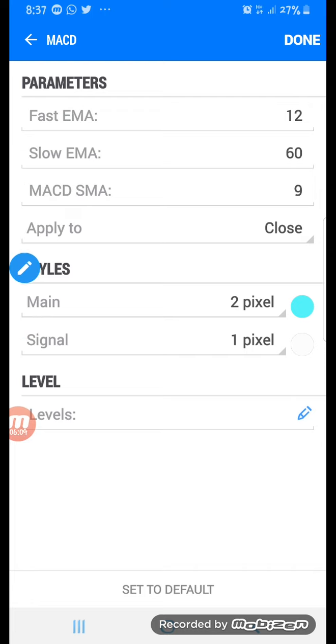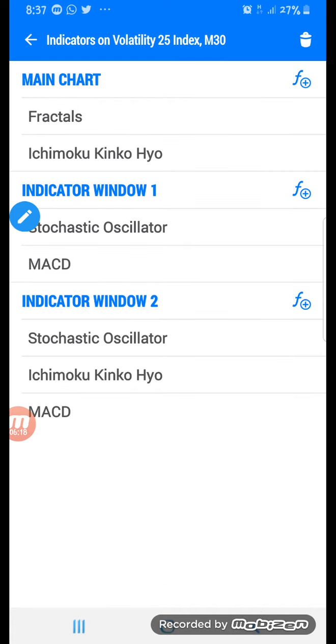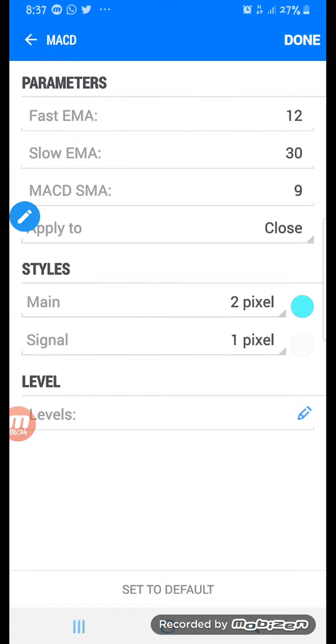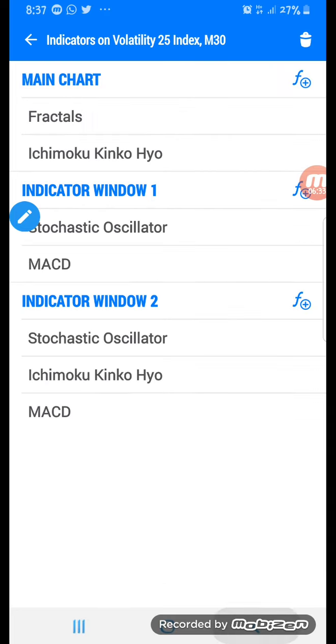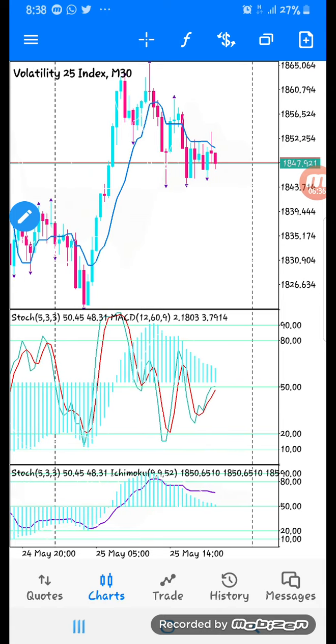The slow EMA is at 60 for the upper one, while indicator window 2 is at 30, with the slow EMA at 30. Why I set it so is for confirmation, because if you see here, this one transitioned early, before this upper indicator window 1, which then confirmed what this had already told us earlier on.